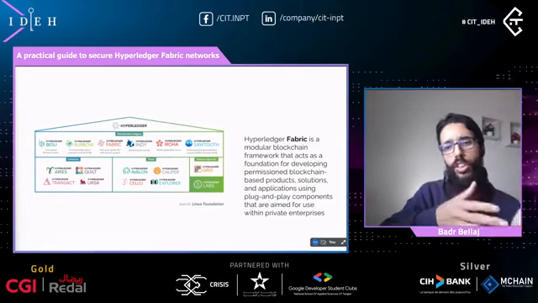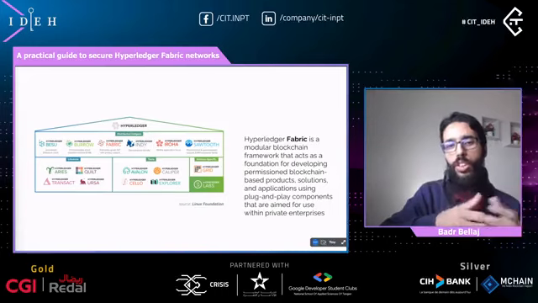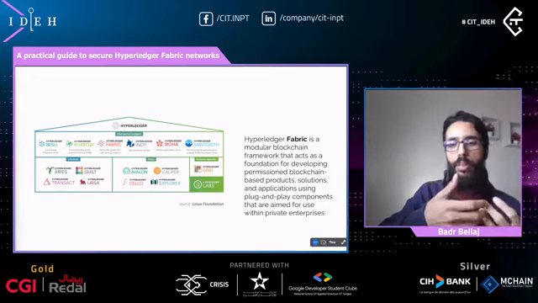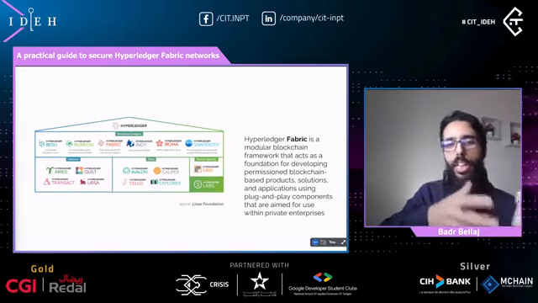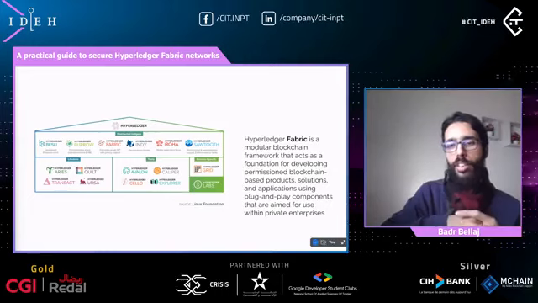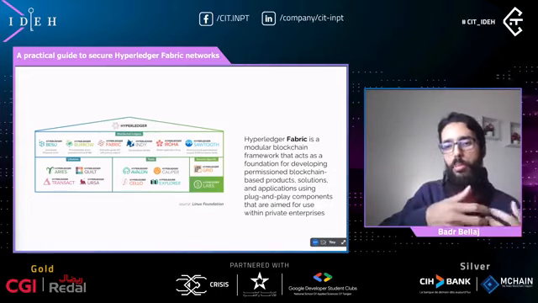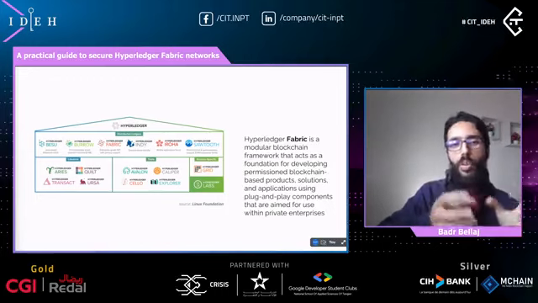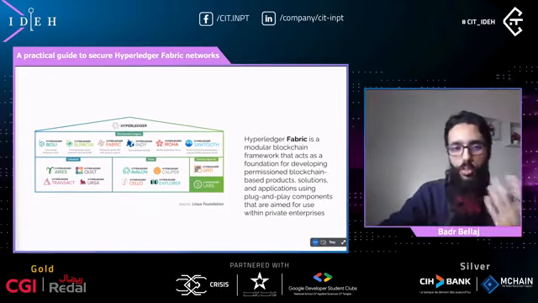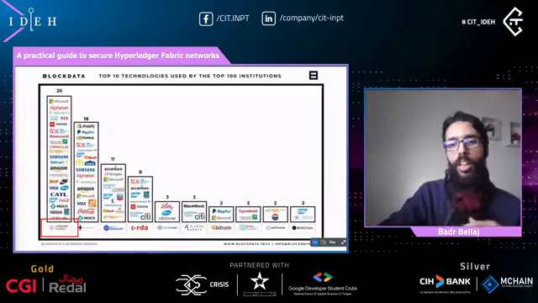The first of which was, of course, Hyperledger Fabric. This latter is a blockchain framework that helps develop permissioned blockchain-based solutions, mainly for business. It provides you with the components that can help you to build a network and also a decentralized application for companies.